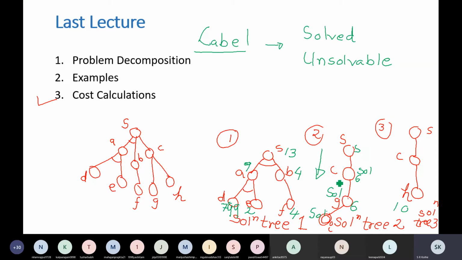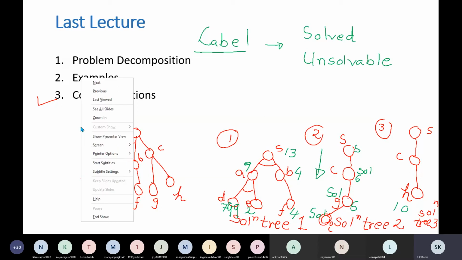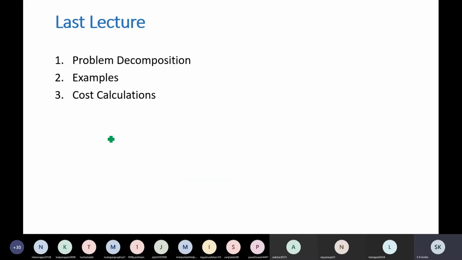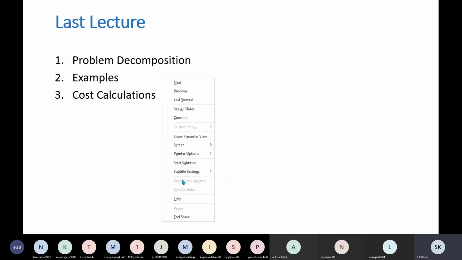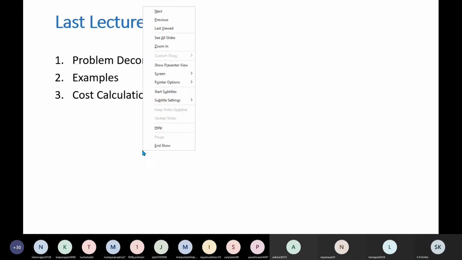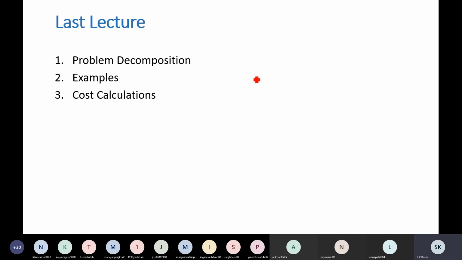Now another situation. Come over here. Okay, I will draw another figure. Suppose the solution space is something like this.